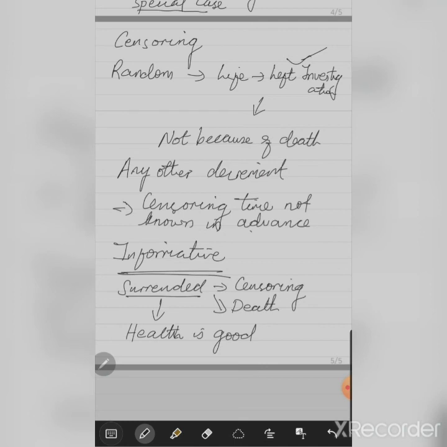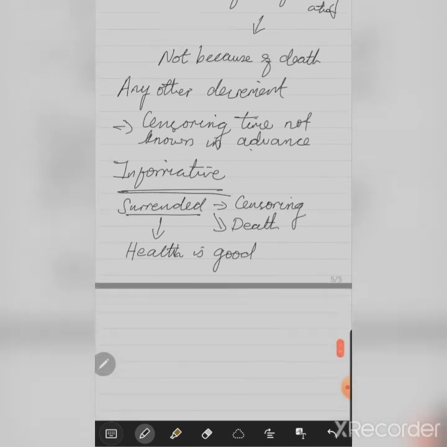So this means that just by looking at the censored lives, I could make some kind of conclusion comparing them with the lives that are not censored. If such conclusions are brought out, then we are saying that the censoring present in our data is more of an informative censoring.